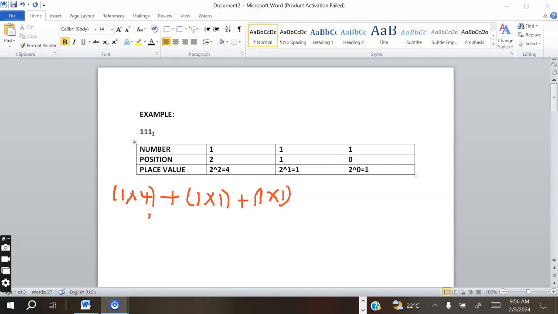Okay, 1 multiplied by 4 is 4. Then 1 multiplied by 1 is 1. And lastly, 1 multiplied by 1 is 1. And the final answer is supposed to be 6. Our answer is supposed to be base 10, since we are trying to convert. Let me see.